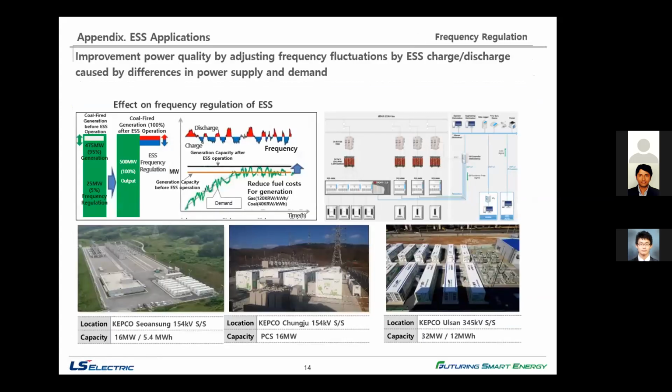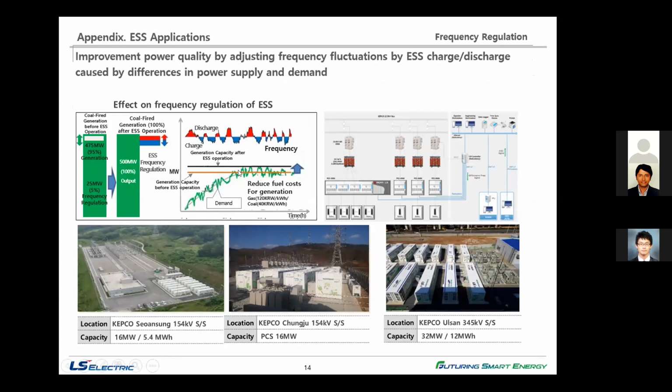So the next application is frequency regulation, and this is usually used at the substation level of a utility company. What it does is basically increase the total capacity of the generation. For example, if you look at this chart, demand is fluctuating.